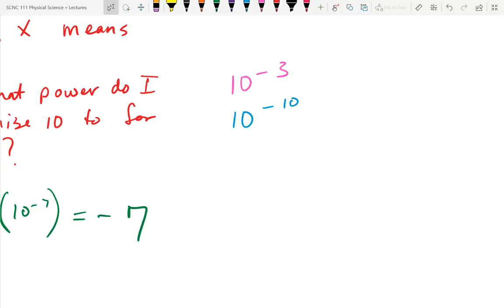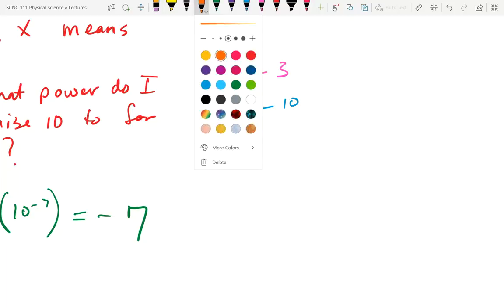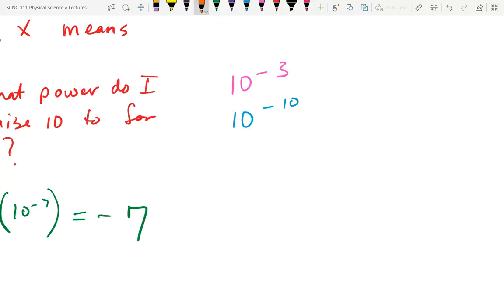I'm just asking about these numbers. Which number is bigger of these two numbers? Okay, so this one here is the bigger concentration.